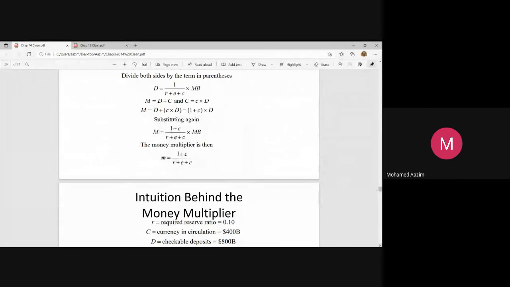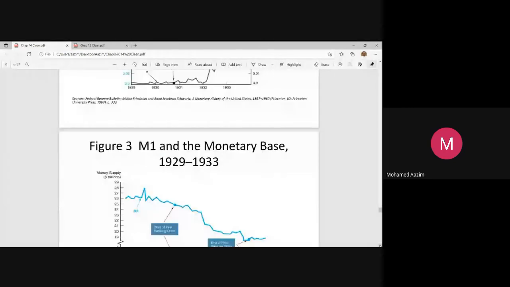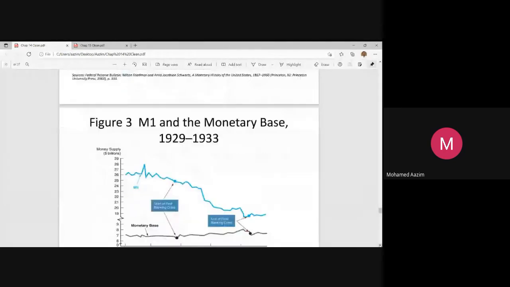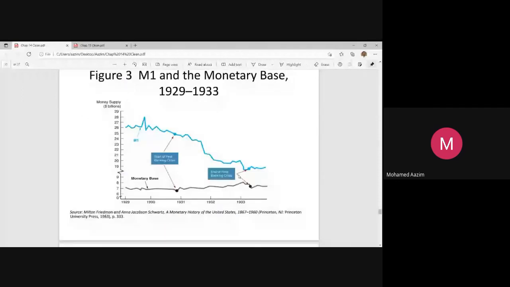So that would contribute to a decline in the money supply. And this is the money supply and monetary base behavior during that period. You see, the monetary base remained reasonably stable, with no change during the entire period.